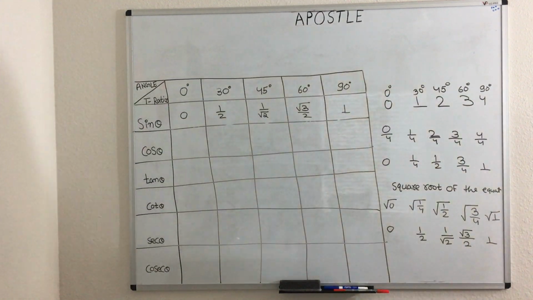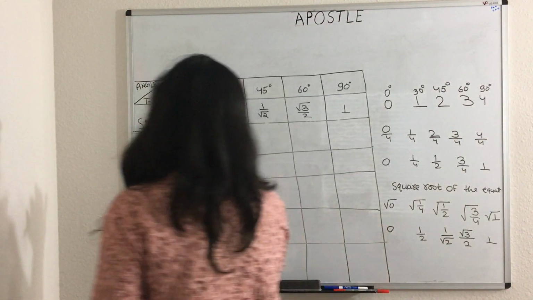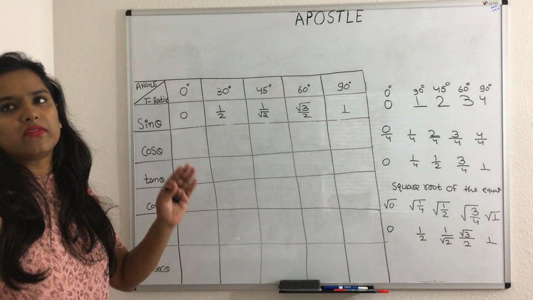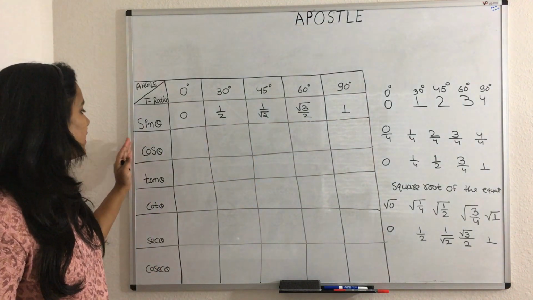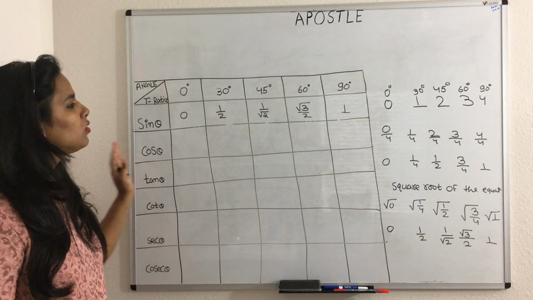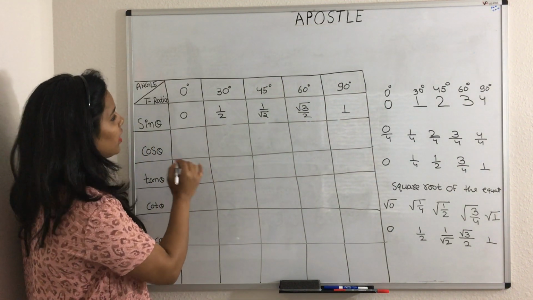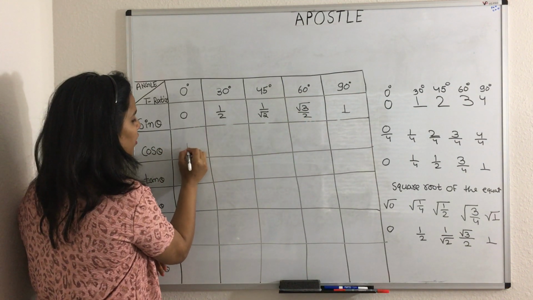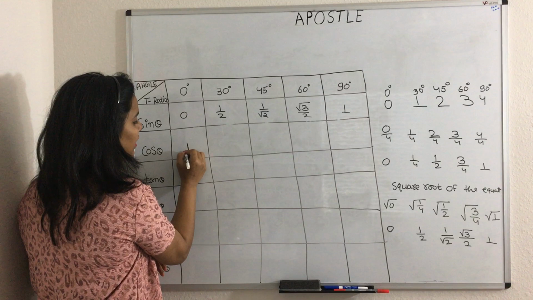Now this table is totally simple. We get the values of sine theta, and what is cos theta? Cos theta is just the reverse of sine theta. So in the case of cos theta, we just have to reverse the values of sine theta. What is the value of cos 0 degree? It's the value of sine 90, because we have to reverse this complete equation. Clear?